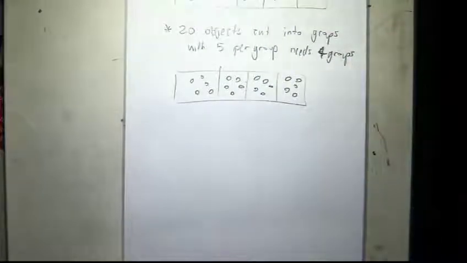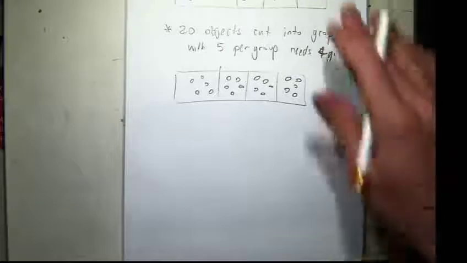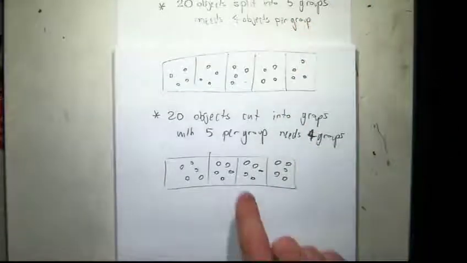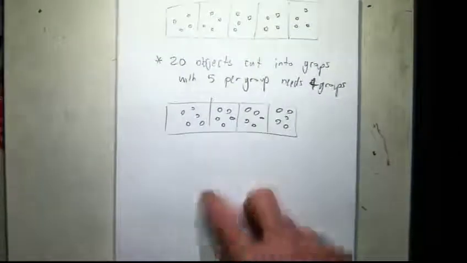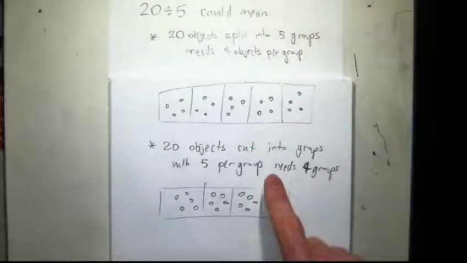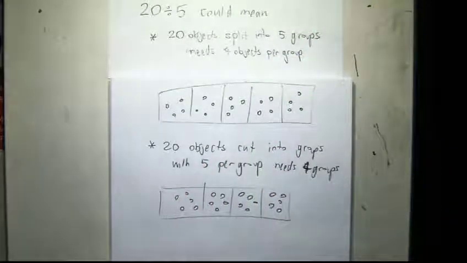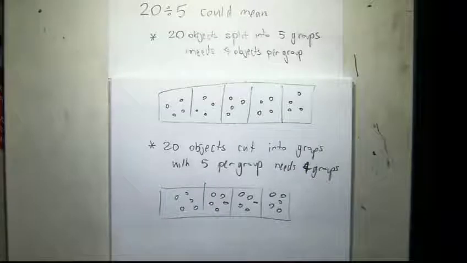So that means that 20, now let's go back a bit. If 20 divided by 5 could mean 20 into 5 groups with 4 per group, but that basically means that if I have 5 groups with 4 objects each, then there's 20 objects, which is a multiplication problem. 5 times 4 is 20. 5 lots of 4 is 20, which means that 20 divided by 5 is 4.